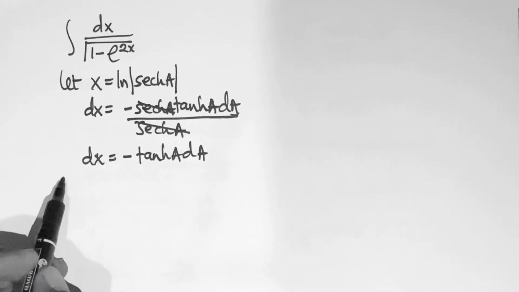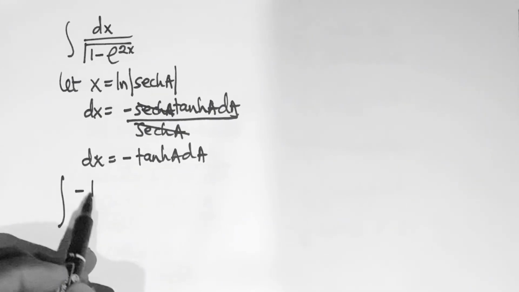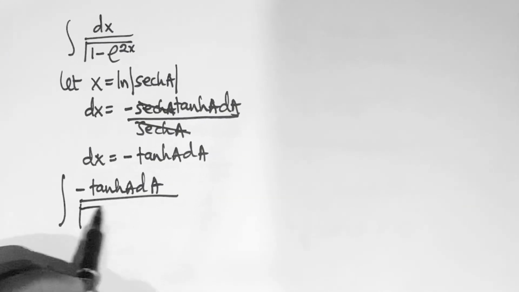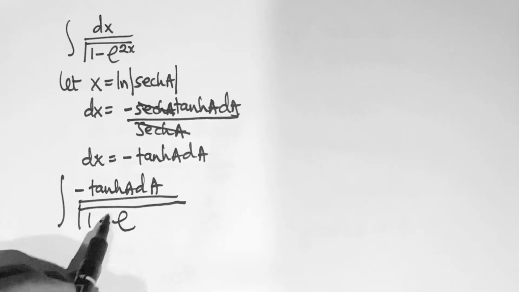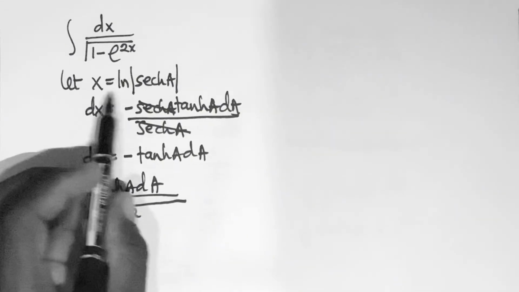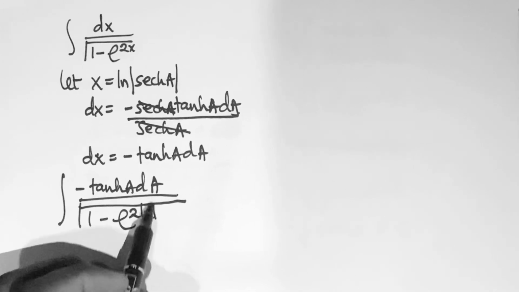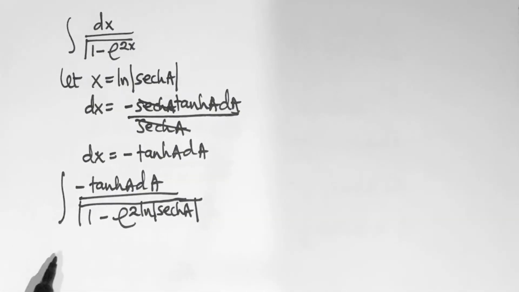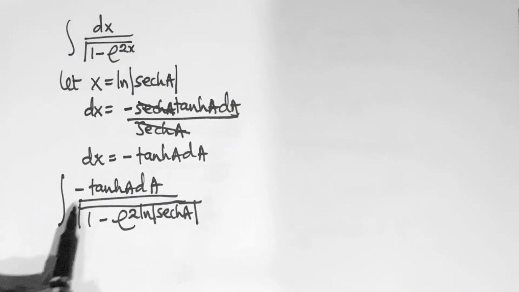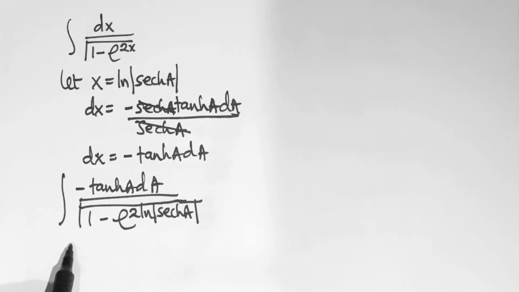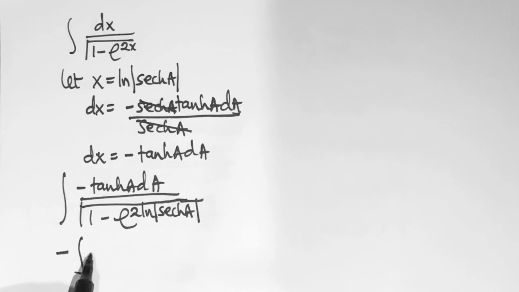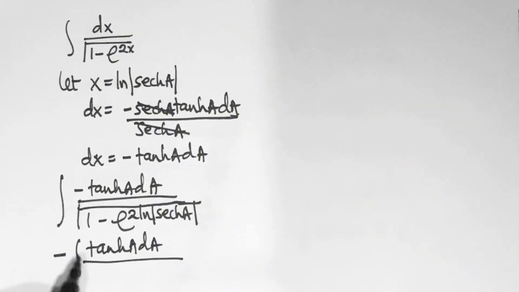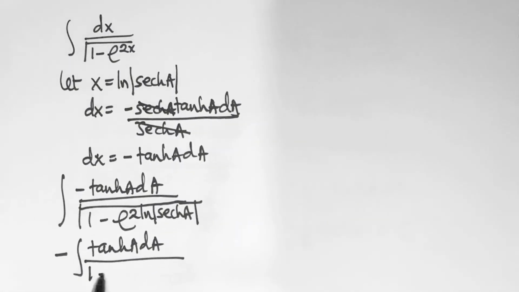So the integral becomes integral of dx, which is minus hyperbolic tan A dA, divided by square root of 1 minus exponent 2 times x, and x is ln absolute value of sec A. So now proceeding further, I'm pulling out the minus sign. So minus integral of hyperbolic tan A dA, then divided by square root of 1 minus exponent.